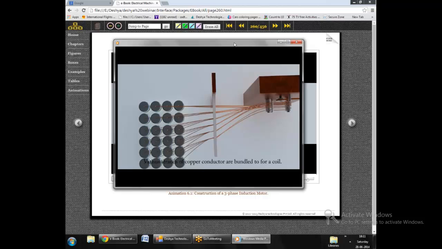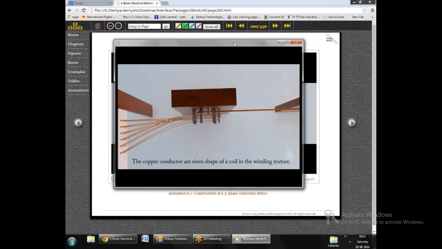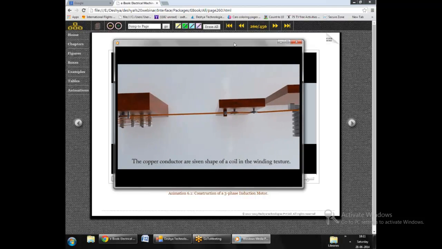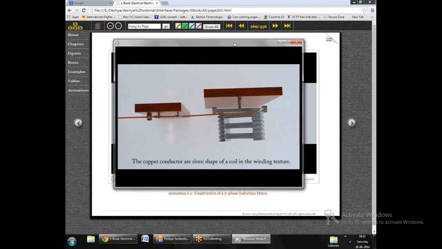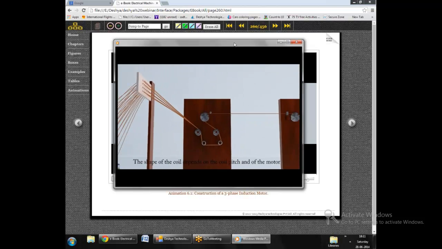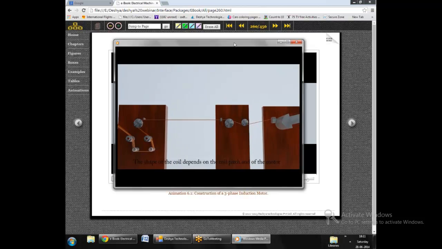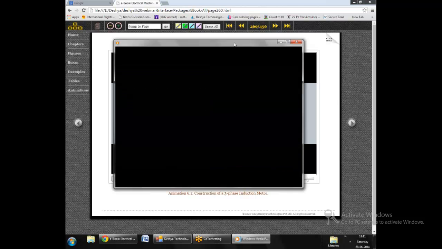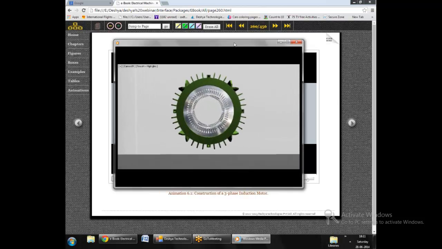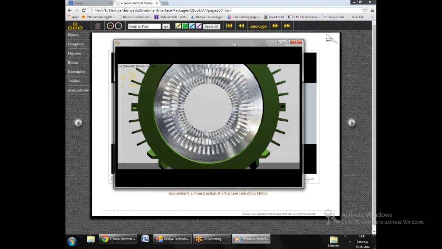The animation further goes on to explain how the windings are actually made. Here we can see how copper strands are eventually converted into coils. The coils are prefabricated, and then these prefabricated coils are inserted into the stator slots. Before inserting them into the stator slots, a layer of insulation is placed, which we can see here in this video.